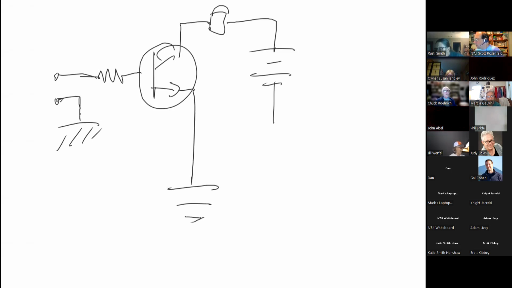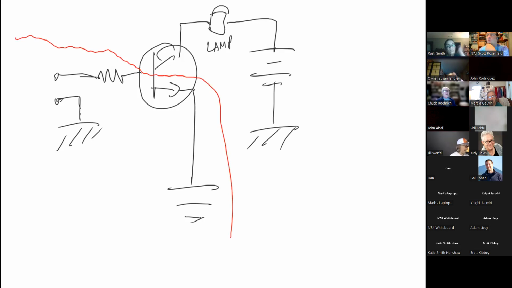Okay, so this is a very interesting little circuit because this is our lamp and this is our transistor, and on the input right here, what we're going to do is separate our transistor like that.